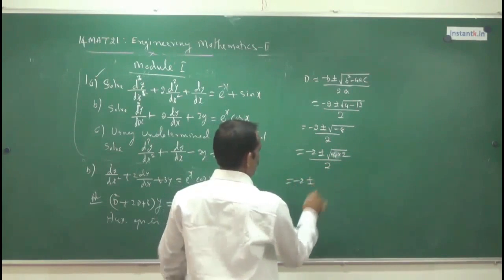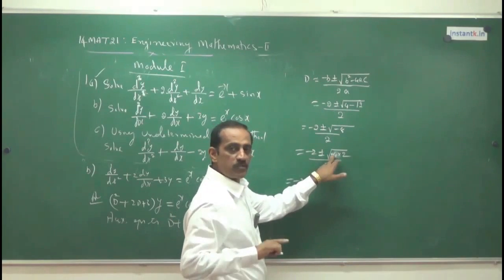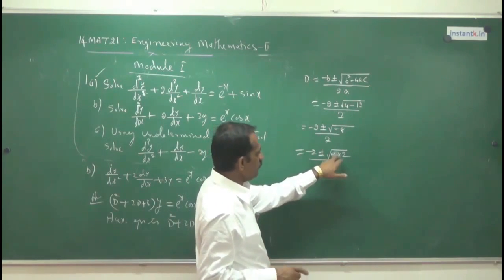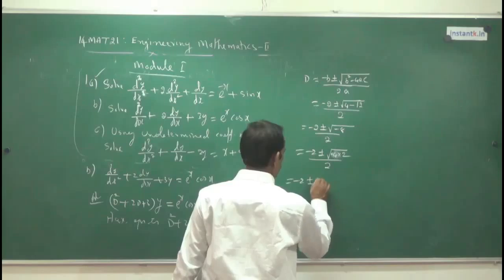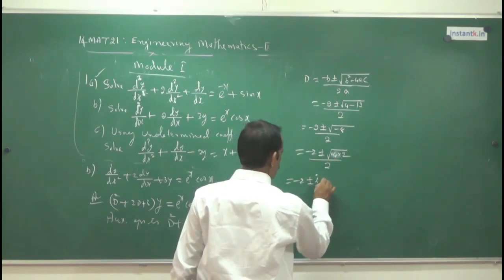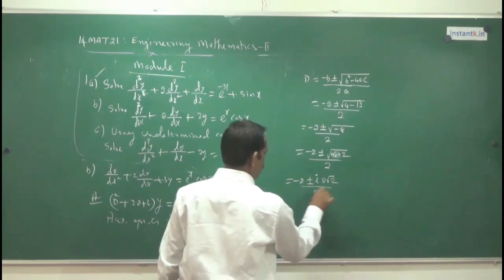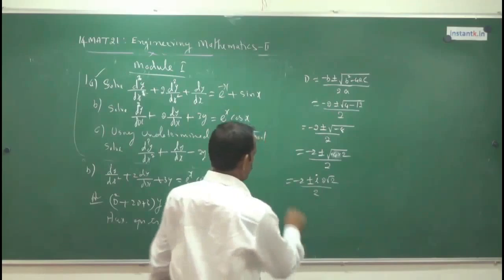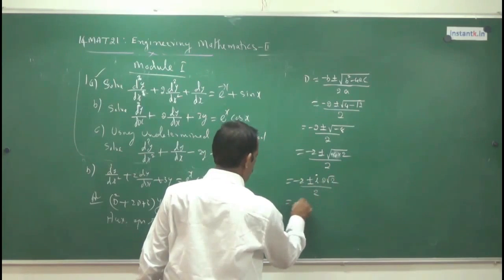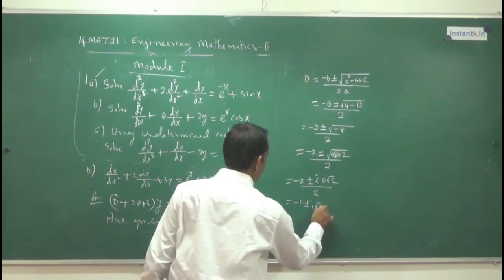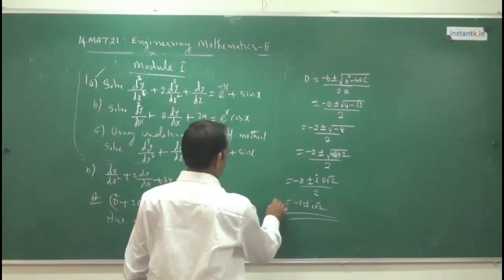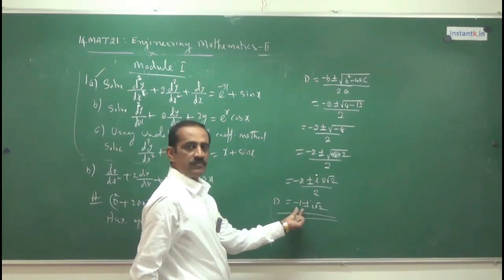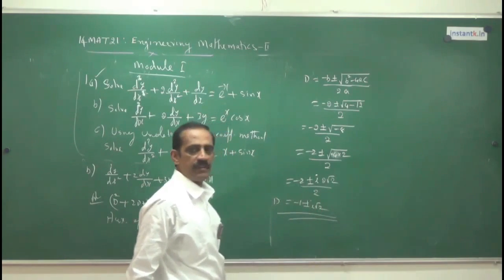That is minus 2 plus or minus, square root of minus 1 is i, square root of 4 is 2, so i into 2 times root 2, whole by 2 you get. 2 is common throughout, if you divide by 2, minus 1 plus or minus i into root 2. These are the roots, in the form alpha plus or minus i beta.